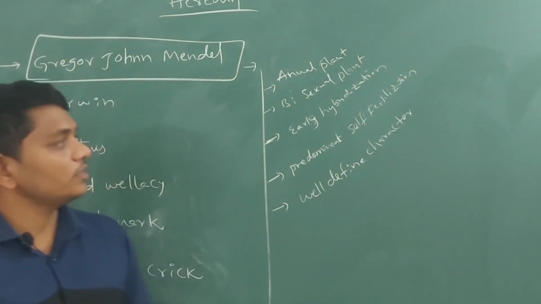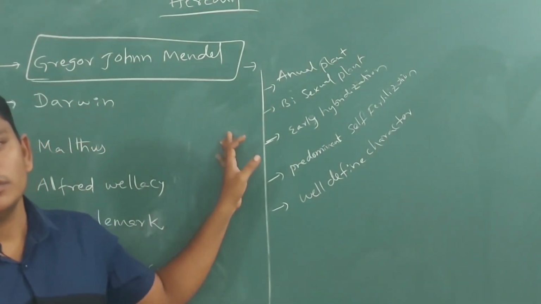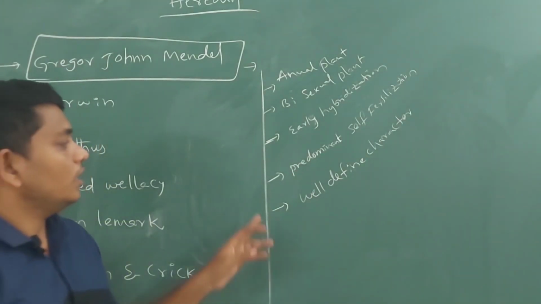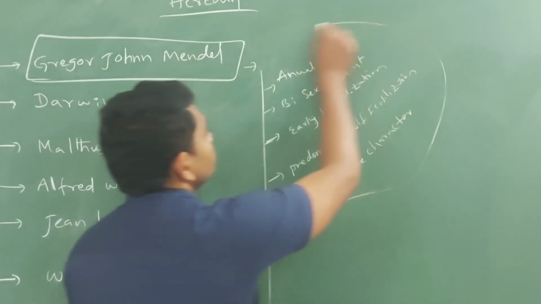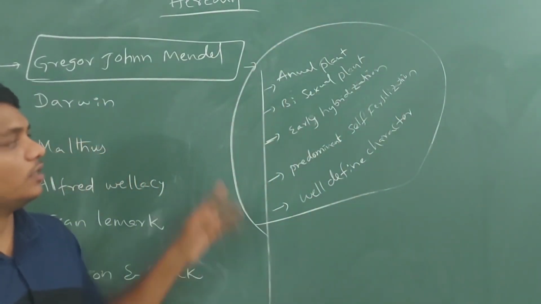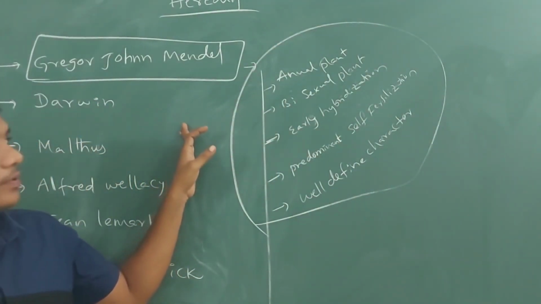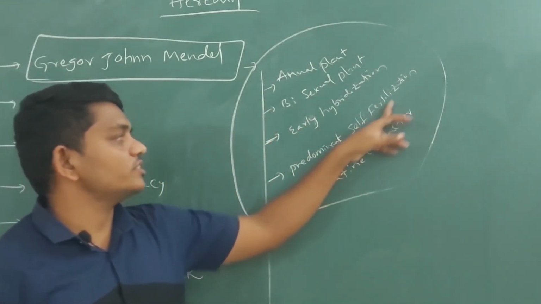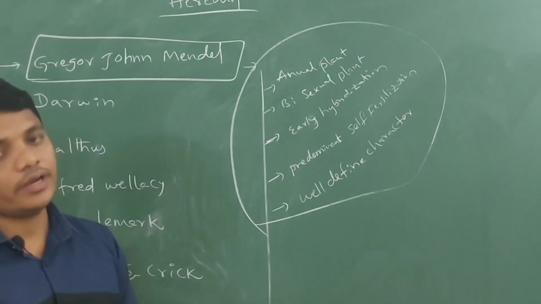These are the 5 characters the pea plant has. These 5 characters are very advanced characters for his experiment. That is why he chose pea plants: annual plant, bisexual plant, early hybridization, predominant self-fertilization, and well defined characters.